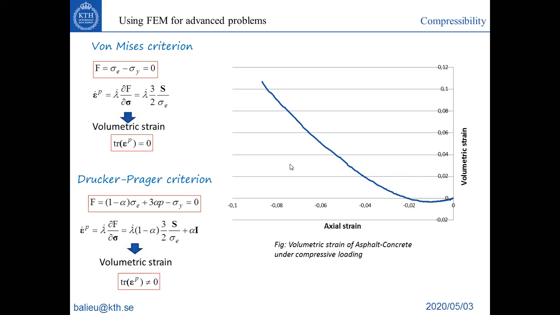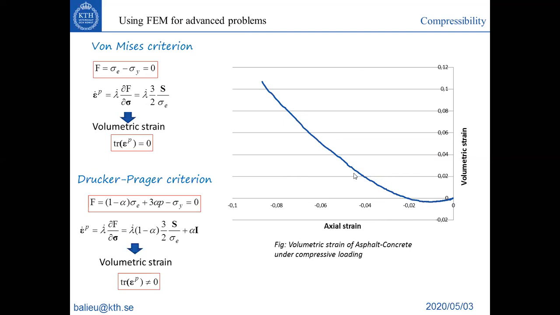As you can see here, this is a volumetric strain. Even though here we cannot see where the elasticity and the plasticity are, it is somewhere around here. Here it is negative when it's elastic, and here it's when it's plastic.